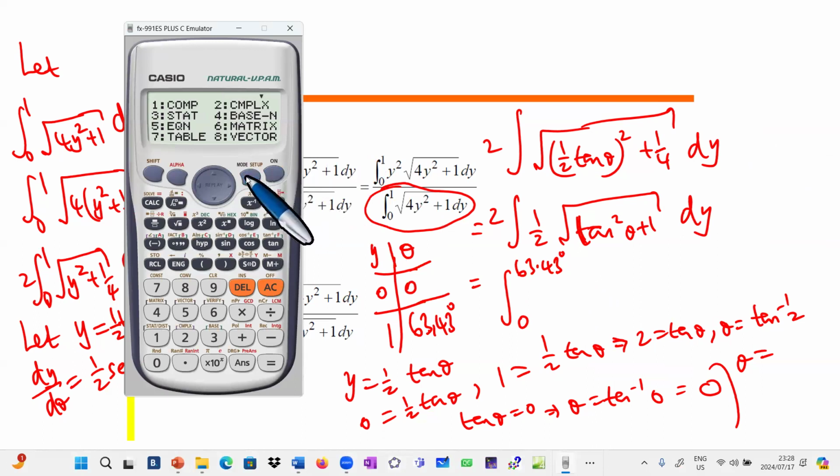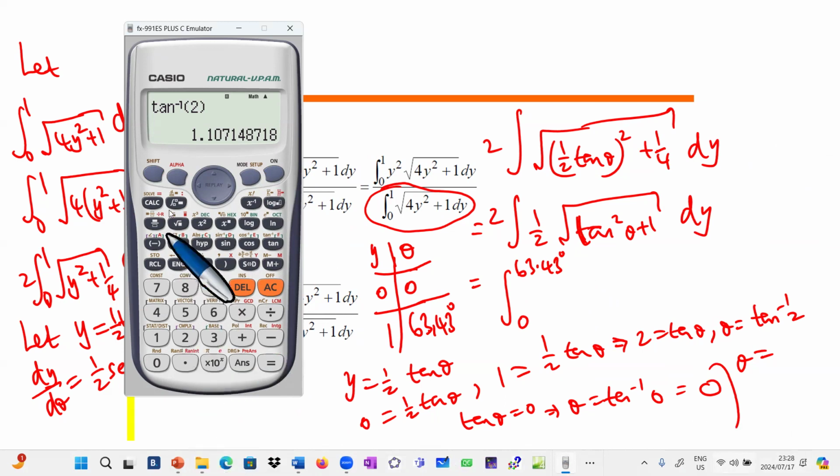You go shift setup, and then you can go to radians. Good, we're in radians. And then you can do shift tan of 2, which is more perfect for us at university level.